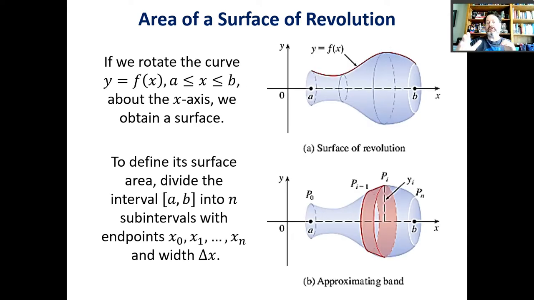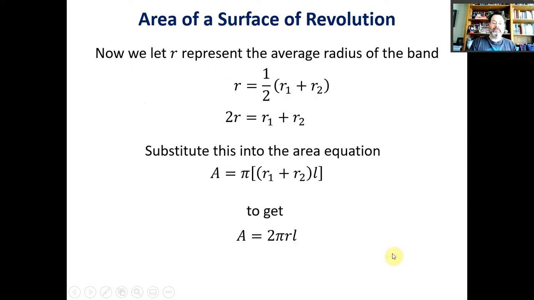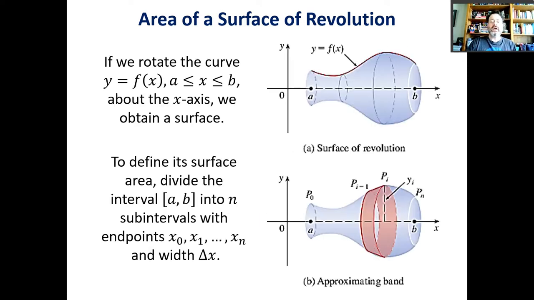And here is sort of more about how we do it. So we found the area of these little bands. These individual bands are 2 pi R L, right? And what we're calling L is the length. Well, the length of these little bands is just the distance formula between P(i-1) and P(i).